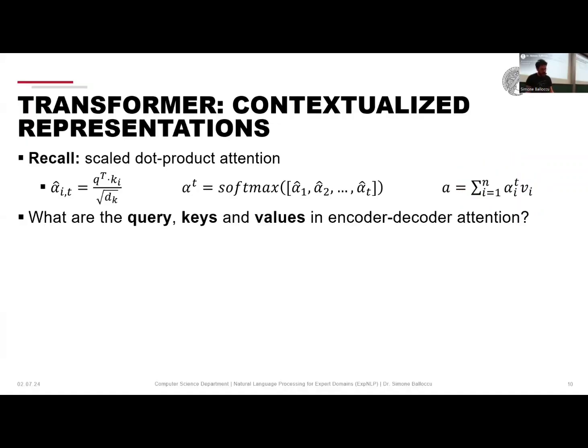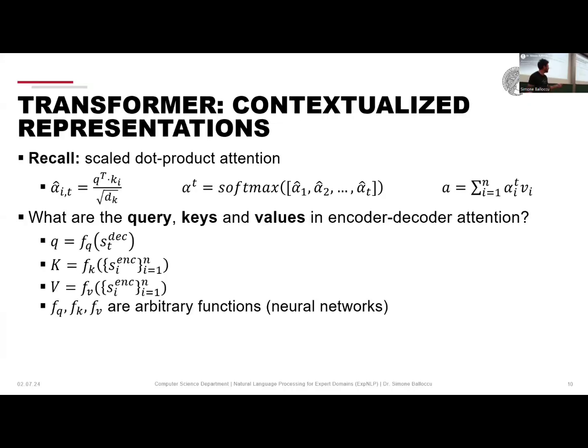So what are the query, keys, and values in the decoder attention? Does anyone remember, just in general, where they come from? Everyone's scared of attention. Okay, I'm gonna remind you. So this is what we have. Basically, reminding that these are arbitrary functions like a neural network because we can combine these states however we want.